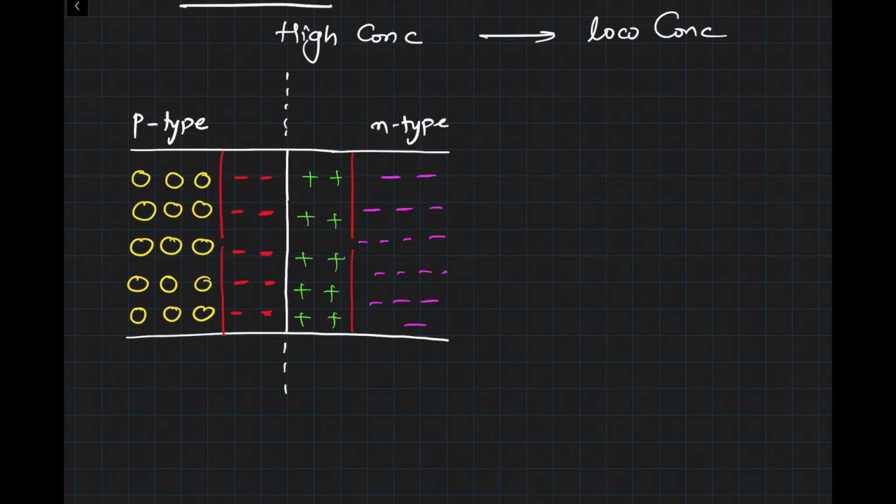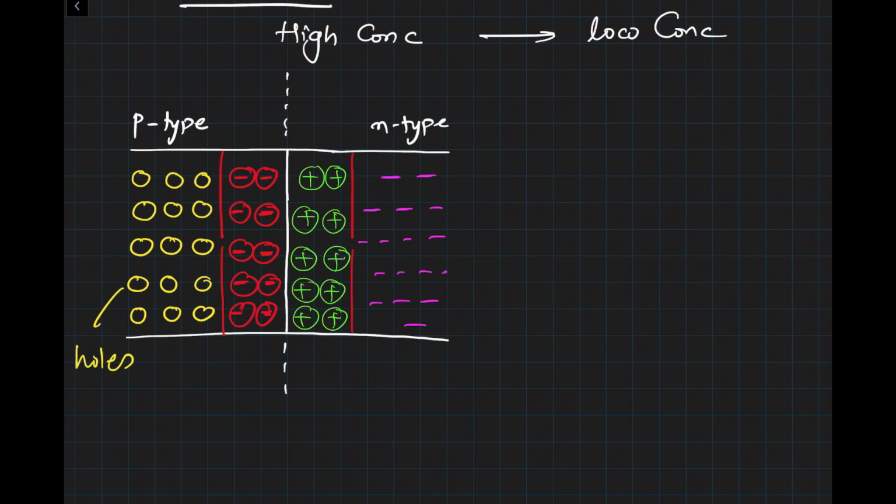Let's put circles around the charges so that we don't get confused. So this is positively charged, and the left side, which is P type, will be negatively charged. And just so that nobody gets confused, these are holes, and the magenta, these are electrons.